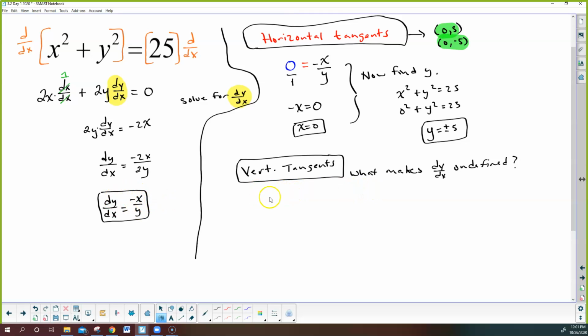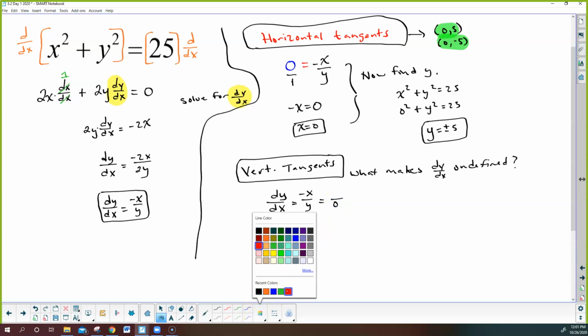you're going to take dy/dx, and what can we not have? We can't have a 0 in the denominator. So I want to basically figure out what's going to make this, and I really don't care about the top. You could put a 1 here, it doesn't really matter. But that's kind of confusing.